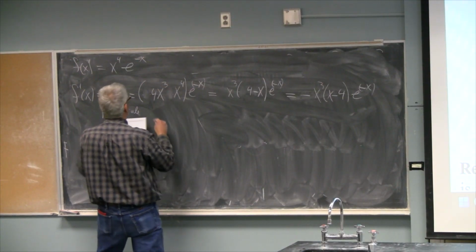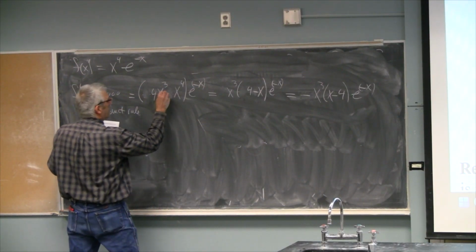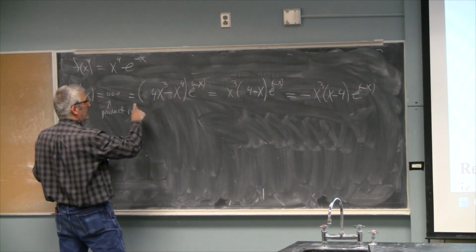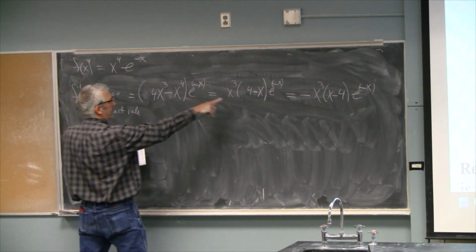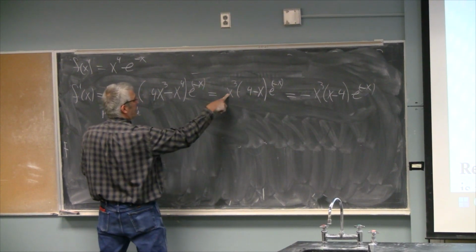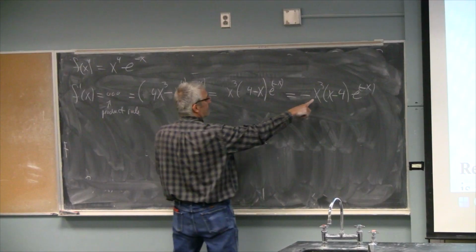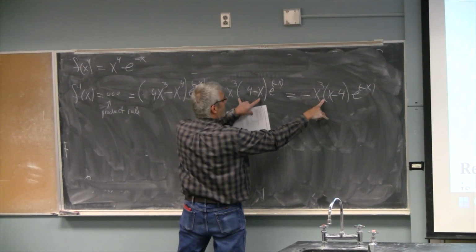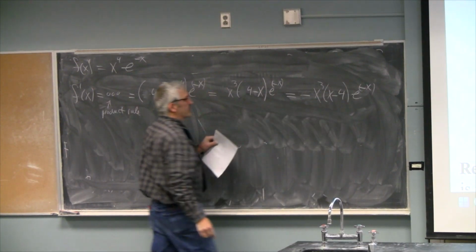This should say 4x cubed minus x to the fourth. And that is the same as this. There's my 4x cubed, and there's my minus x to the fourth. Now let's go this way. There's my minus x to the fourth, and there's my plus 4x cubed. Good, that works.